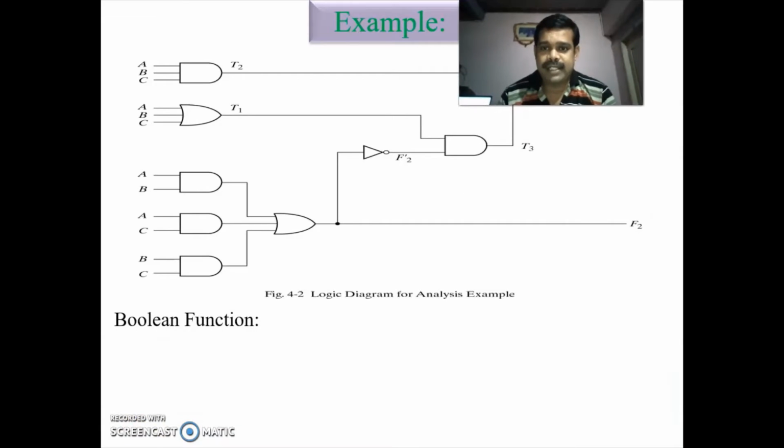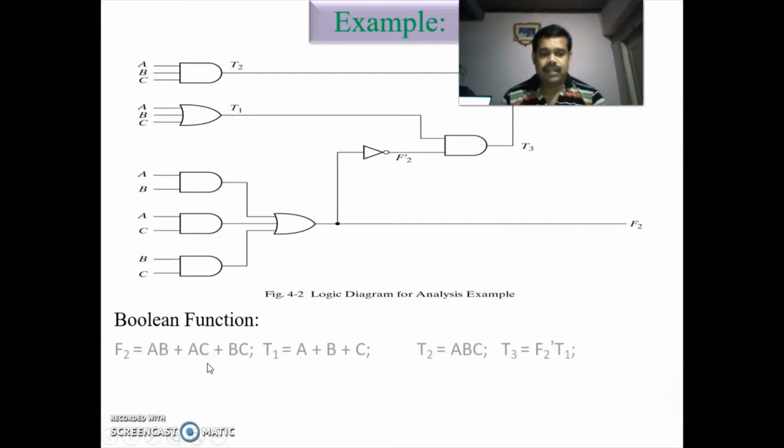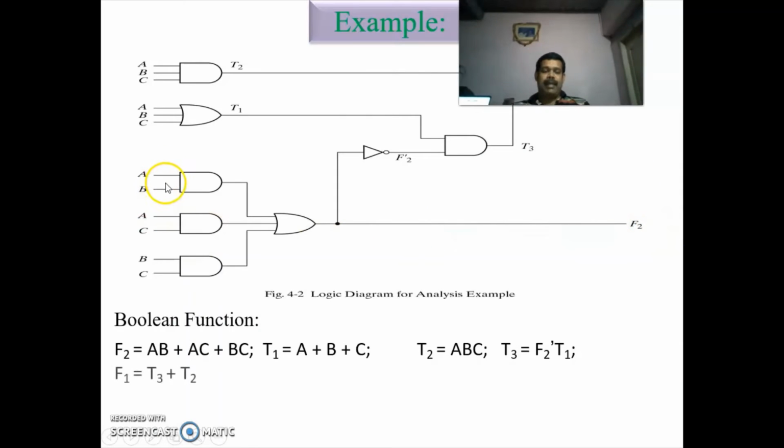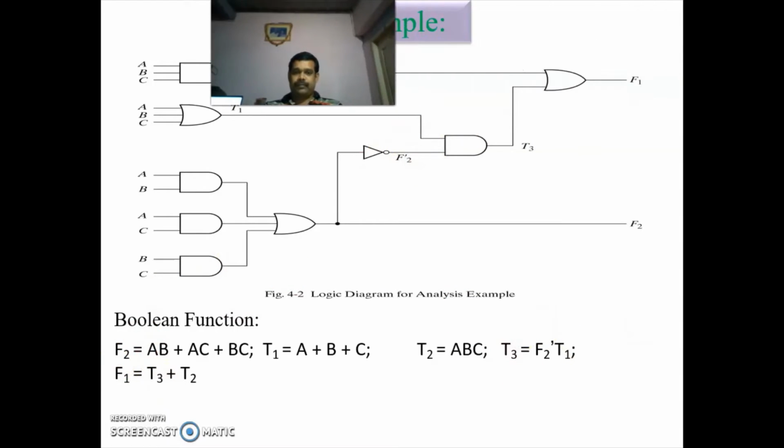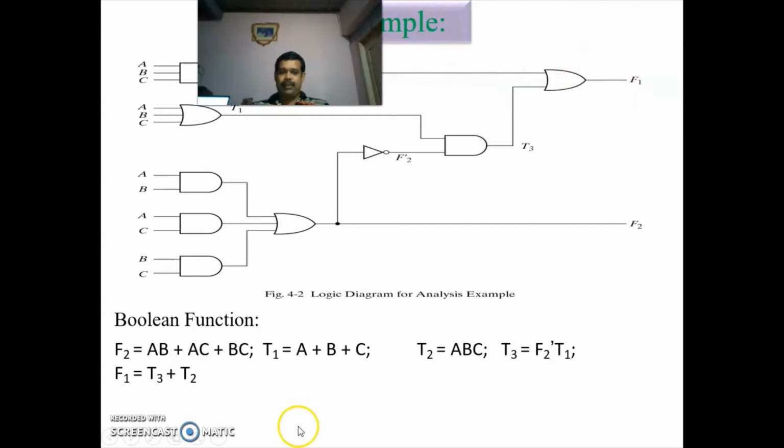The Boolean functions are, first, F2, which is AB plus AC plus BC. Next T1, which is A plus B plus C. T2 is A into B into C. And T3 is T1 into F2 bar. And F1 is T2 plus T3.